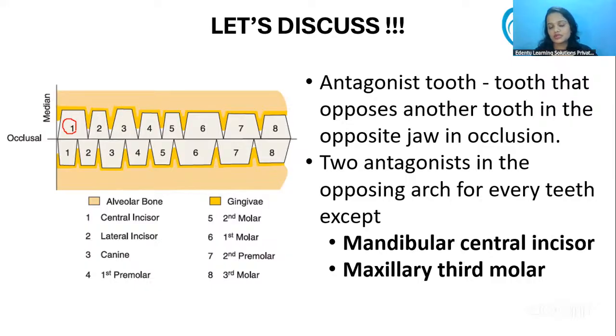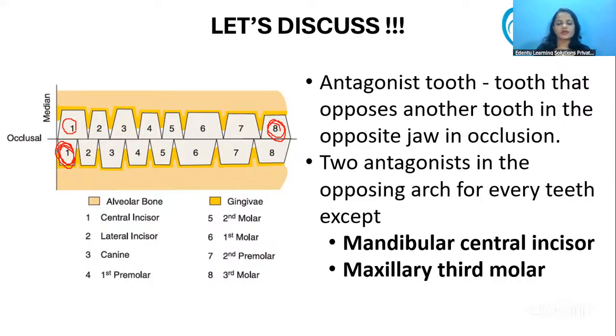But there are two teeth which only have a single antagonist. One is the mandibular central incisor. The mandibular central incisor has only one antagonist, that is the maxillary central incisor. And look at this maxillary third molar. It also has a single antagonist, that is the mandibular third molar.